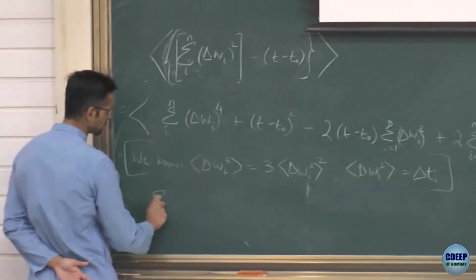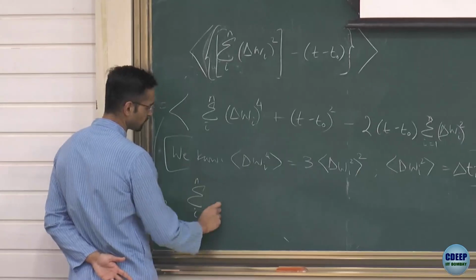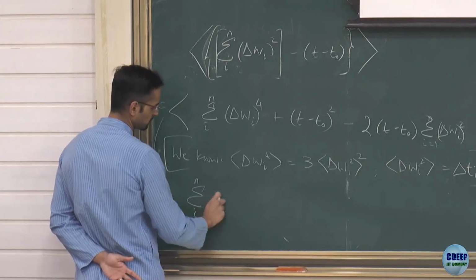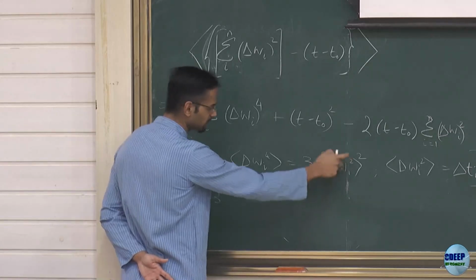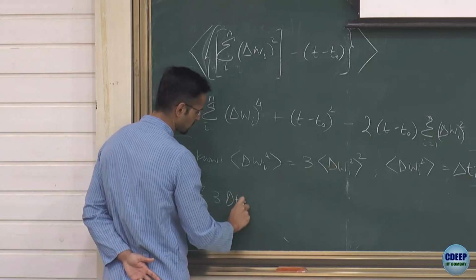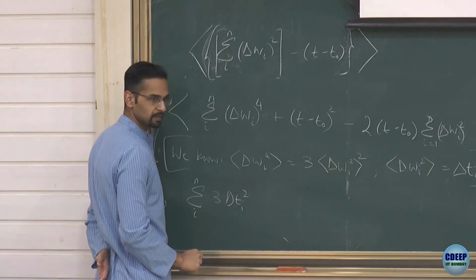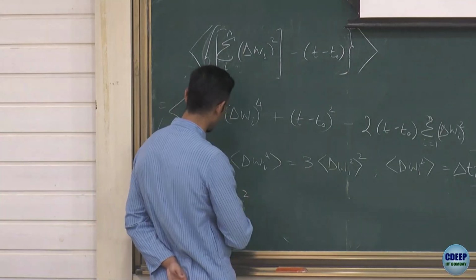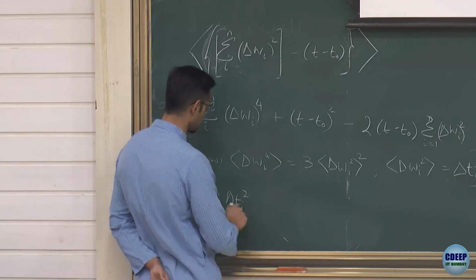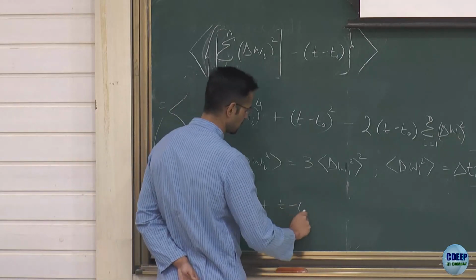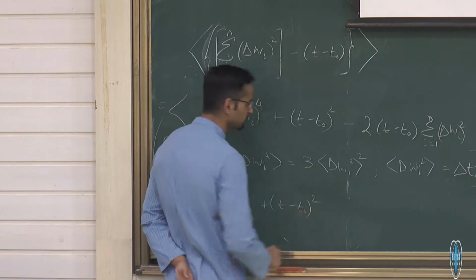The first term will give me summation of i going from 1 to n, 3 times delta T i square. Sorry, I've already taken the ensemble average. So this is the first term. T minus T naught the whole square I have sitting here.